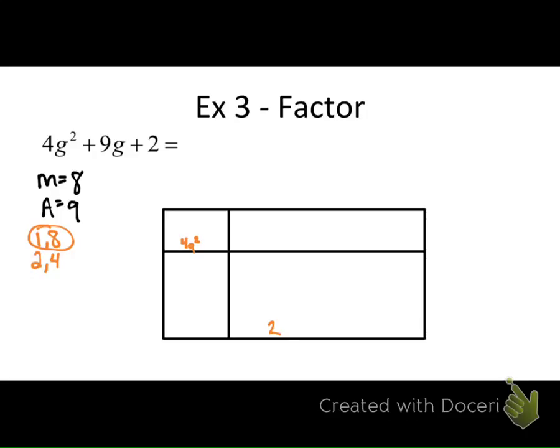And then our 1 and our 8 get plugged into these two boxes, but don't forget that they have a variable attached to them up here. So this one is going to need a g, and this one is also going to need a g for when we combine them together for their like terms. So I have 1g up here, and I have 8g in this box.